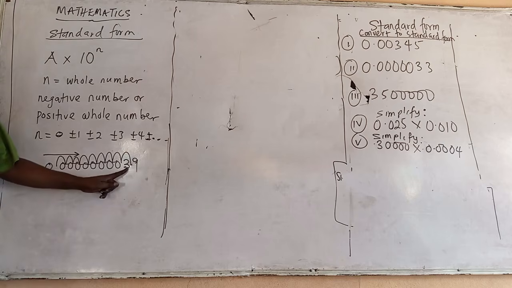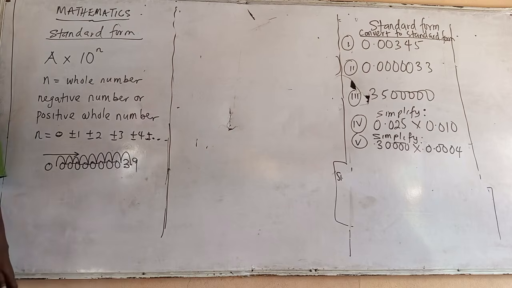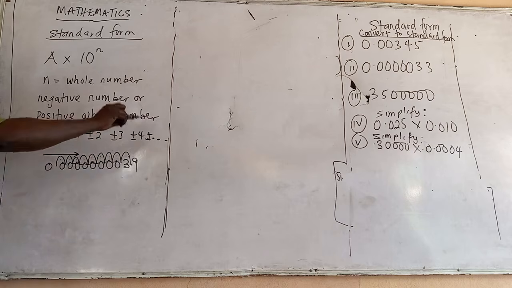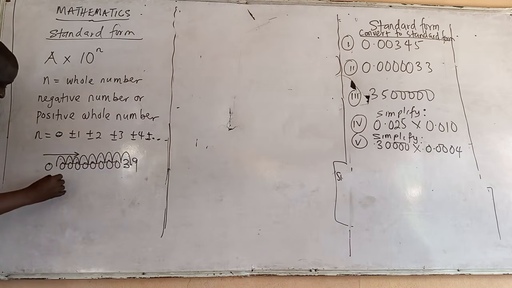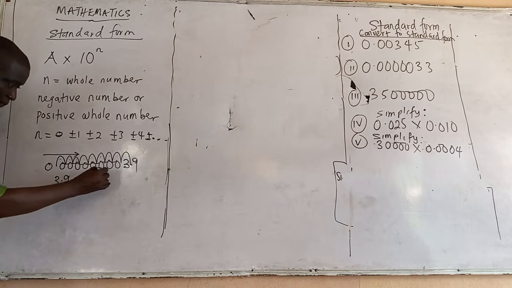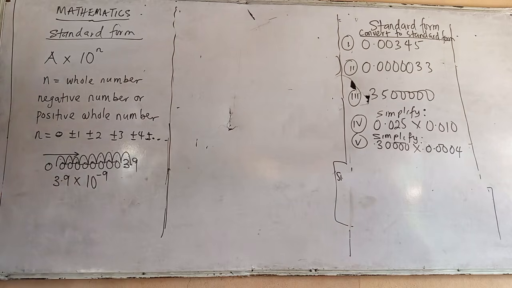The first number. This is the first significant figure. You stop it there. Now, how many do we count? 1, 2, 3, 4, 5, 6, 7, 8, 9. We are moving towards the right. It becomes 3.9 times 10 to the power minus 9. Minus, because you are moving towards the right.